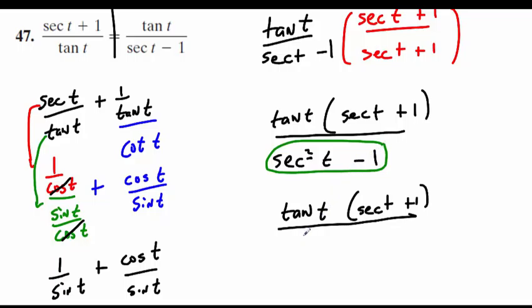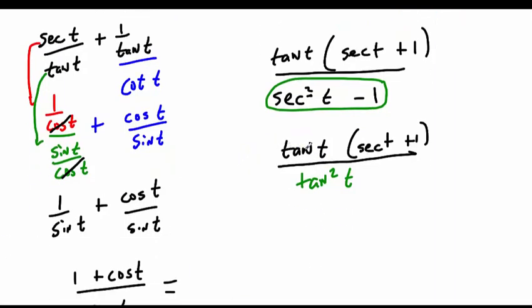Well, that's equivalent to the tangent squared of t. So I can see I can cancel out these tangents. One tangent on the top is going to cancel out one on the bottom. So I'm going to end up with secant of t plus 1 over tangent of t.